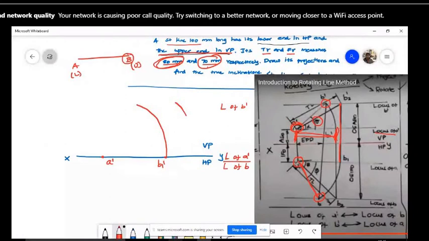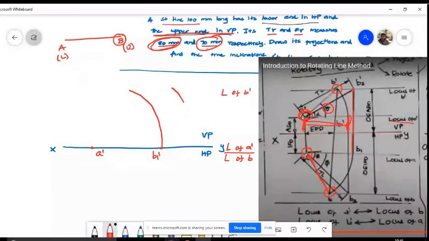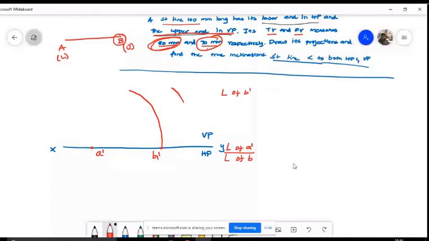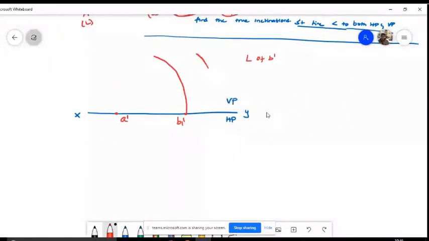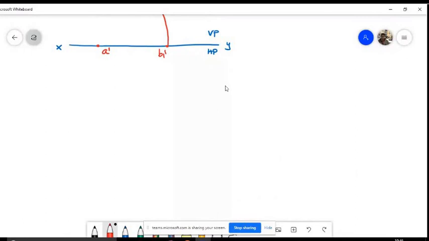Then I will do one thing. I will make a video of this and share it with you. Is that okay? Yes, sir. I think that will be better, maybe because of the network issue you people are not able to follow. That's not an issue. I will make a video about this and share it with you. That will be okay.